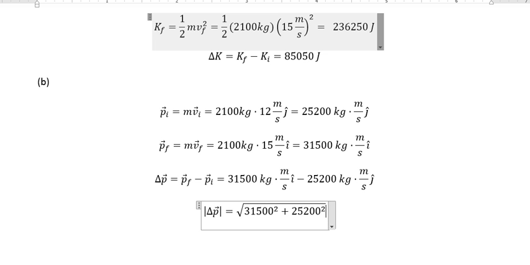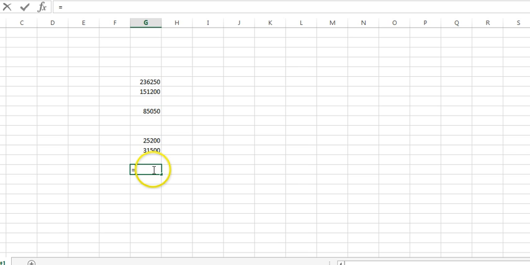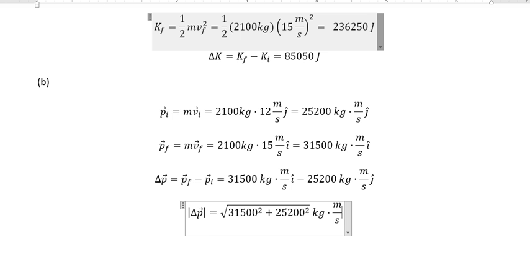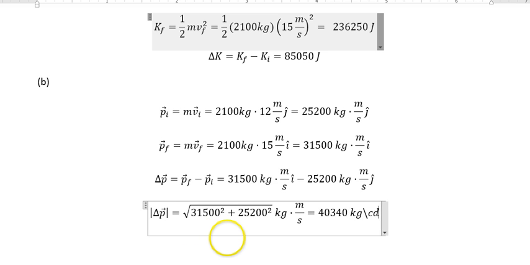It's just using the Pythagorean theorem. It's just adding, what's the magnitude of two vectors, right? So the magnitude of the change is the square root of that squared plus that squared, and there we go, 340 kilogram meters per second. That's the magnitude of the change.